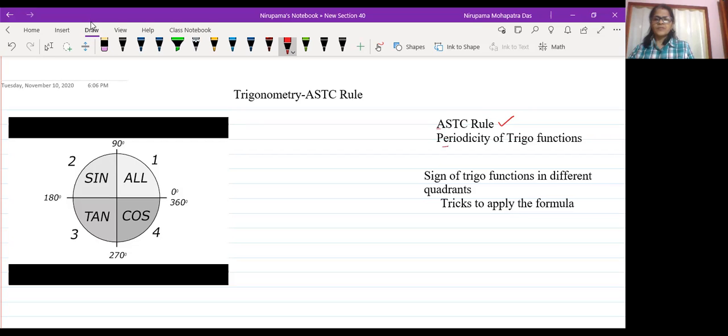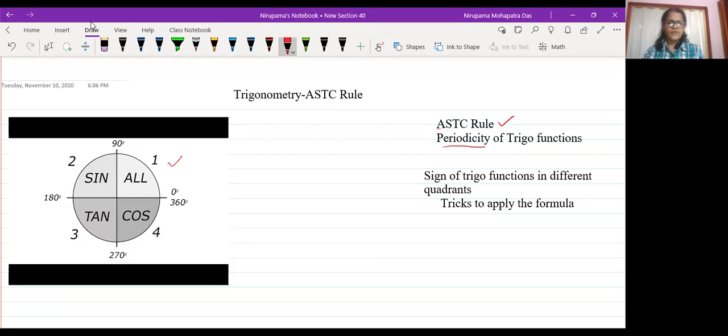Next, we are going to study periodicity of trigonometric functions. Then, sign of trigonometric functions in different quadrants. So, we have four quadrants. The coordinate axes divide the plane into four parts. We call each part a quadrant.